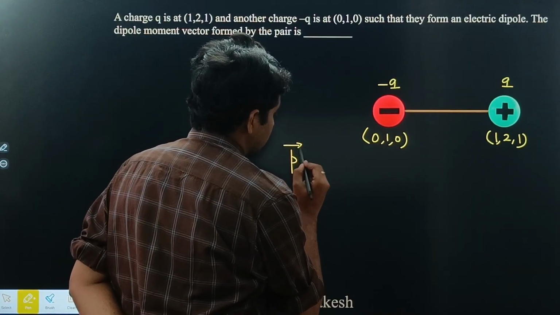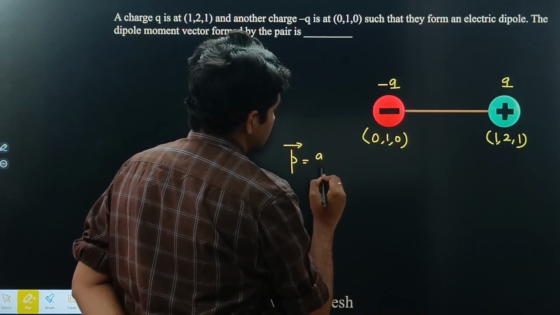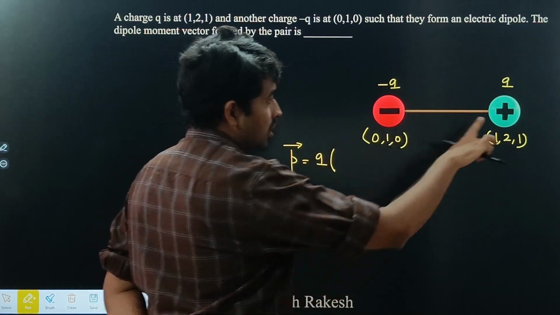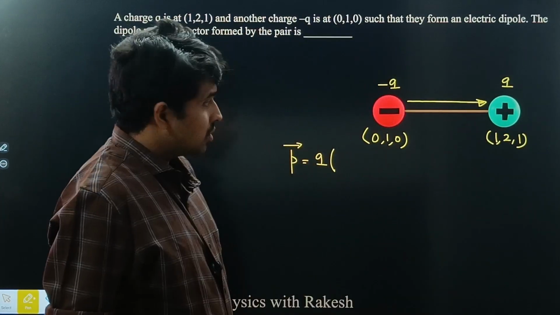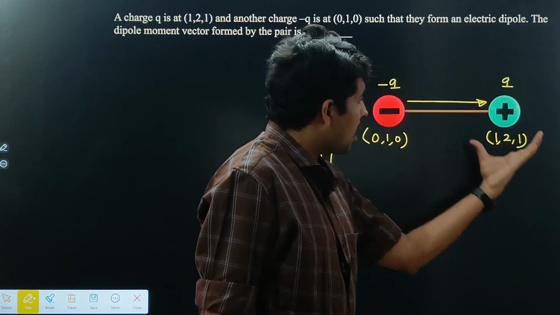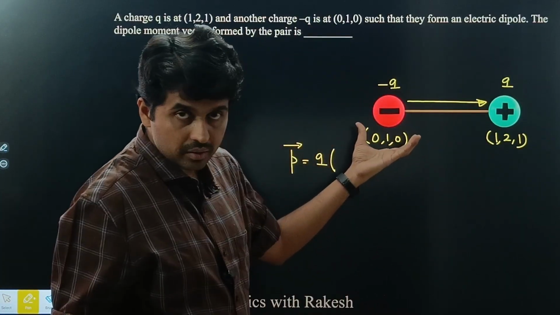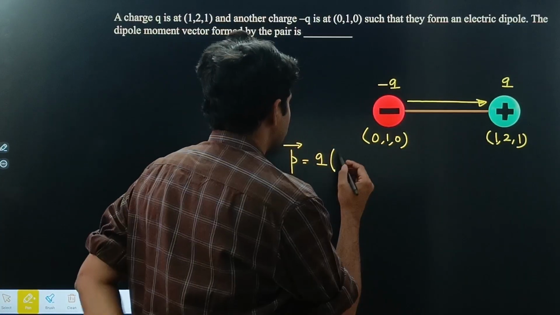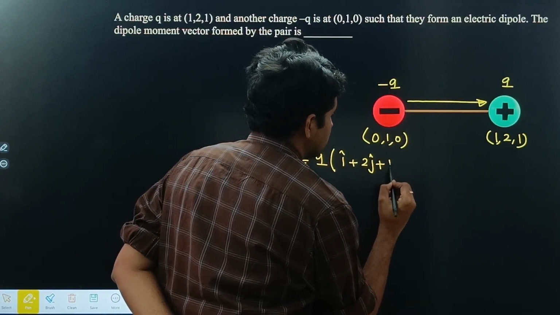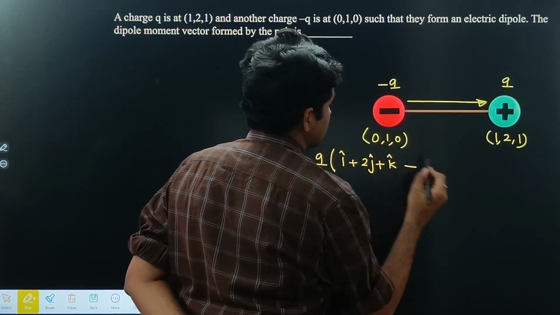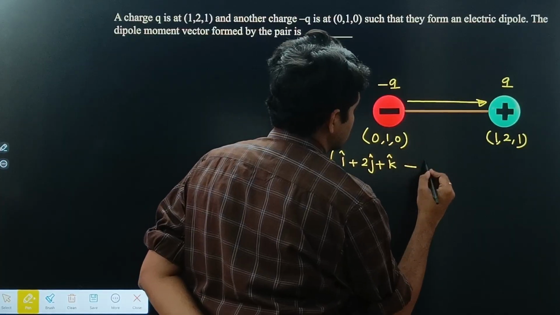P bar equals any one of the charge times the vector from here to here. So directly, what is this vector? R A bar minus R B bar. So this is I cap plus 2j cap plus k cap minus 0 I cap plus j cap.